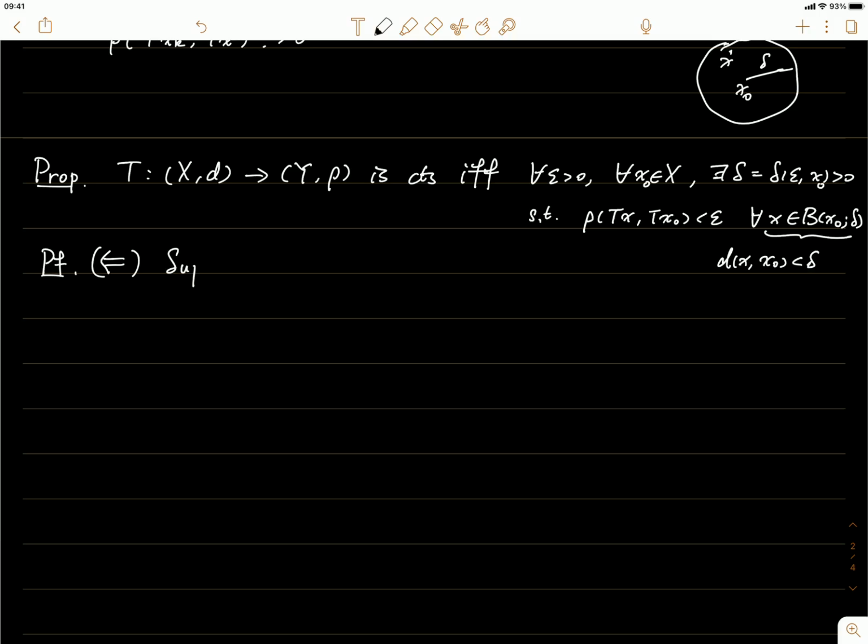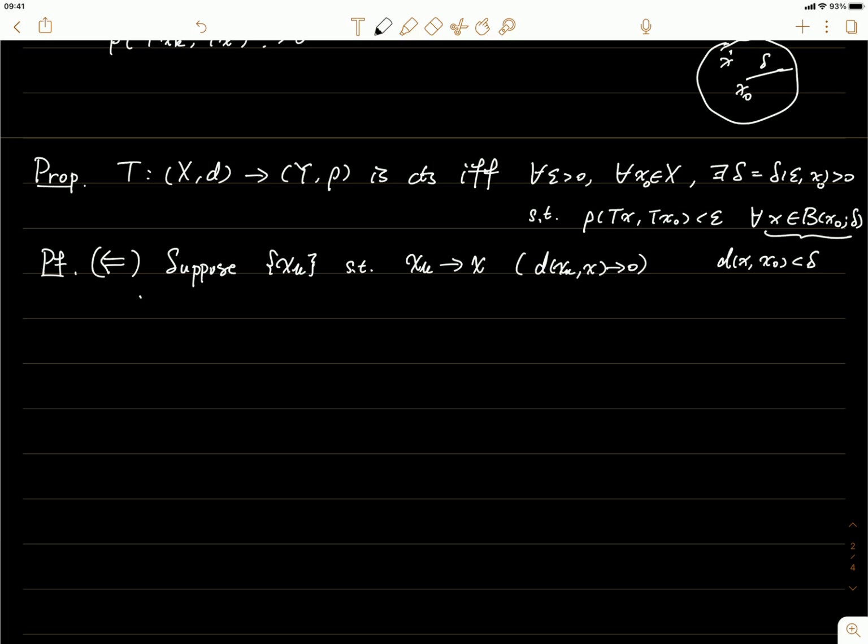Suppose I have a sequence xk such that the sequence goes to x. Or in other words, I know that this goes to 0.